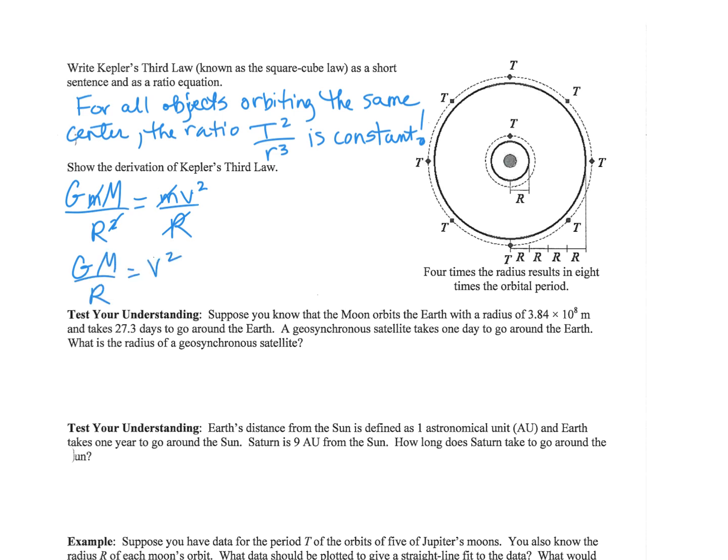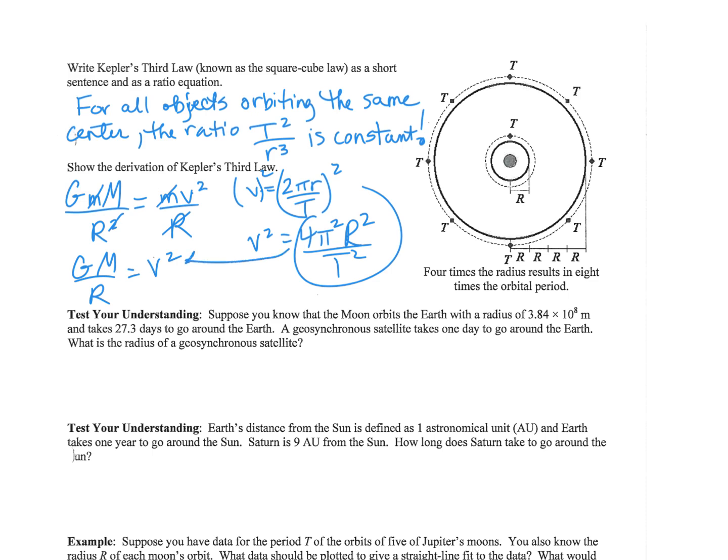Well, we know what v squared is. V is equal to 2 pi r over the period. So if we square both of those, we get v squared is equal to 4 pi squared r squared over T squared, which we are now going to take and put there.